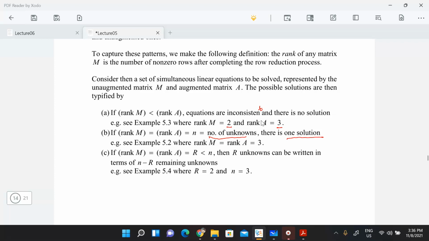Now we have one remaining case where you have infinite solutions. In the infinite solution case, your rank of M equals the rank of A, but it gives you a number which is less than the number of the variables. So in other words, you can always get the type of solutions that you can have by looking at the rank of the matrices involved.